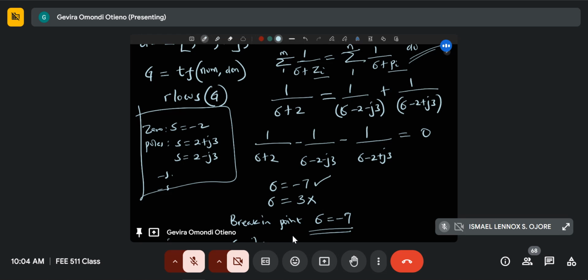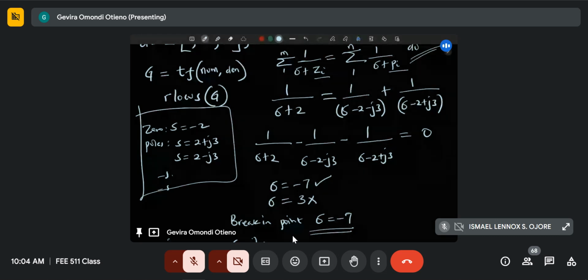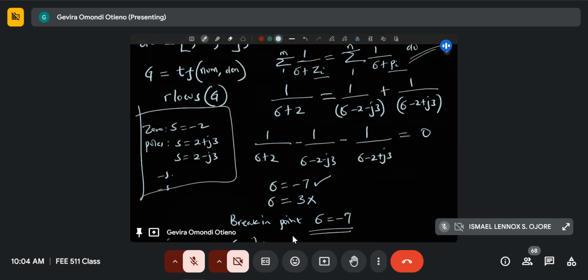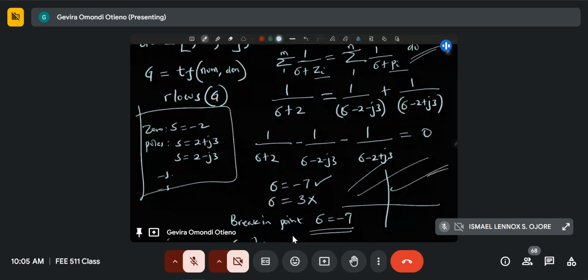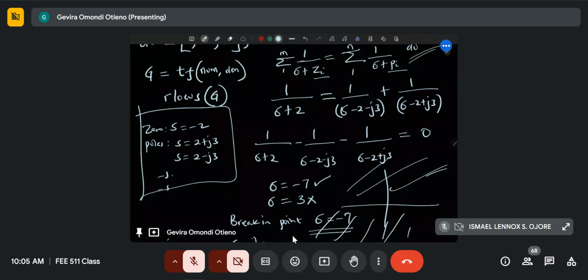Asymptotes will only help you for those poles that are leaving the real axis and heading towards the imaginary axis. And you don't know, the imaginary axis is large, it's all this area, so you don't know exactly where. But for our case, the zeros were lying on the real axis.